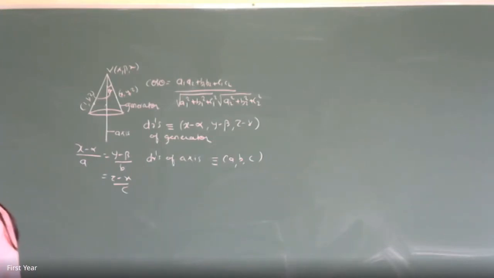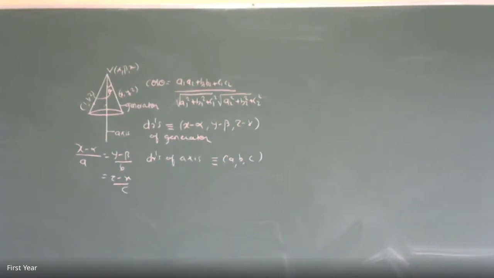Lines are drawn from the origin with direction cosines proportional to 1, 2, 2; second 2, 3, 6; and third 3, 4, 12.